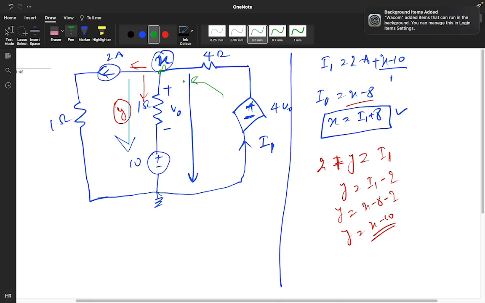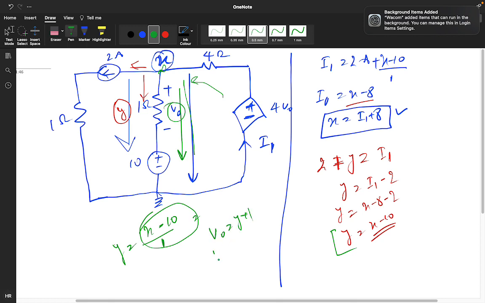If you want to find the current in this branch, you can directly do it like this also, x minus 10 divided by 1. This will be the current y, and we can do it like this also. So you know the value of the y current that is flowing. What will be the value of V0? V0 is nothing but y into 1. So V0 value you are getting x minus 10.